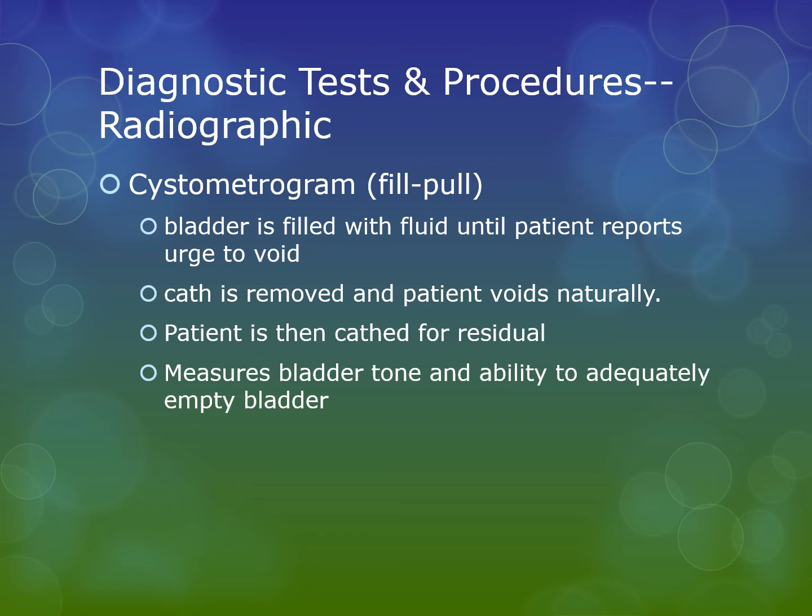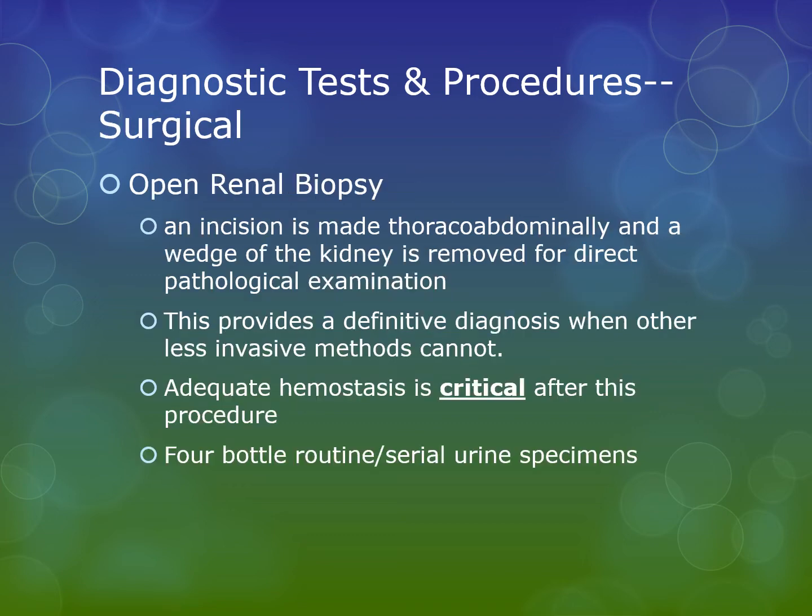It measures bladder tone and the ability to adequately empty the bladder. Since we fill the bladder and then pull the catheter, we call this a fill pull. So if you hear that terminology, yes, it is a cystometrogram, but we very rarely say that. We just say we performed a fill pull, and this is what happened.